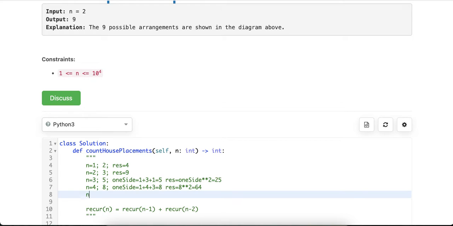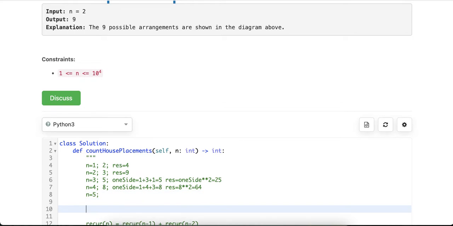To make us more confident with this guess, we try n equal to 5. We know that for one side, when it is empty, it's 1. When we have one house, there are 5 possibilities. With 2 houses, 1, 2, 3, and then 4, 5, 6.